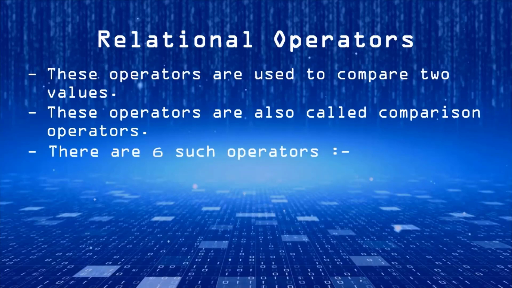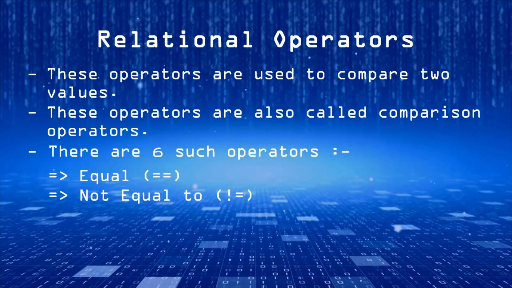There are 6 such operators. Equal to, which is marked by double equal signs. Not equal to, which is marked by the exclamation mark and the equal sign.